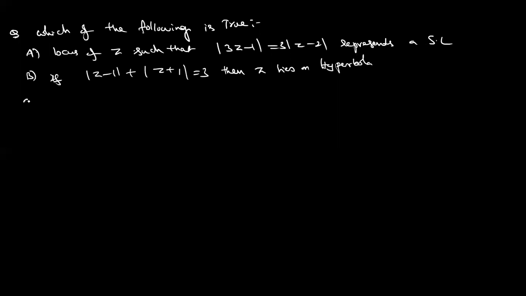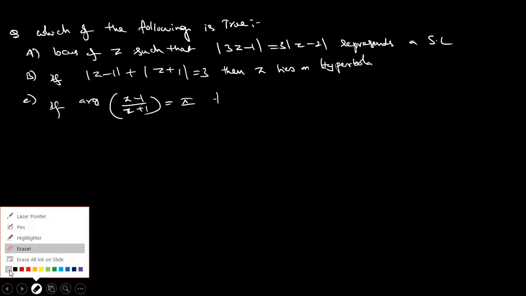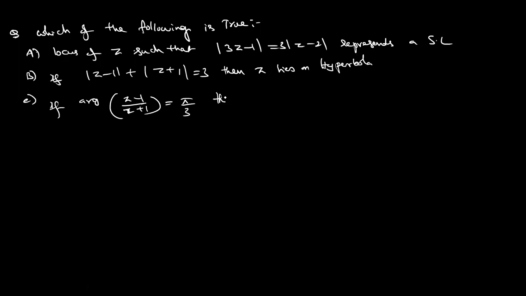C. If argument of z minus 1 by z plus 1 is equal to pi by 3, then z lies on a circle.